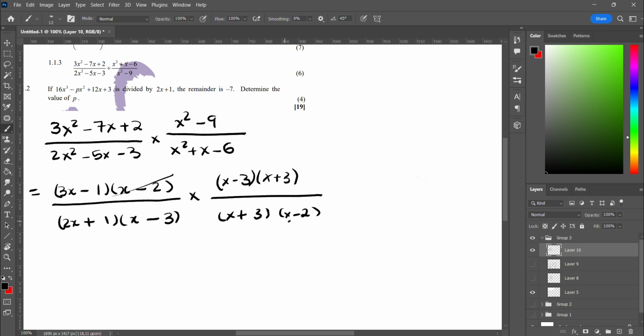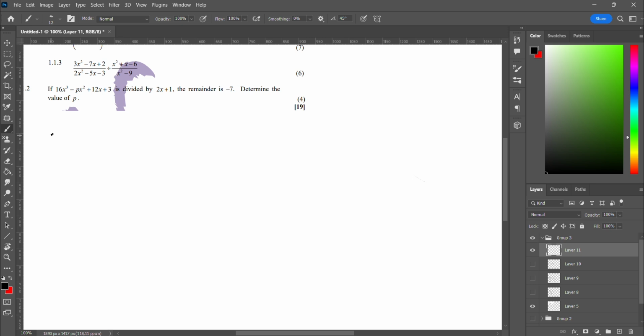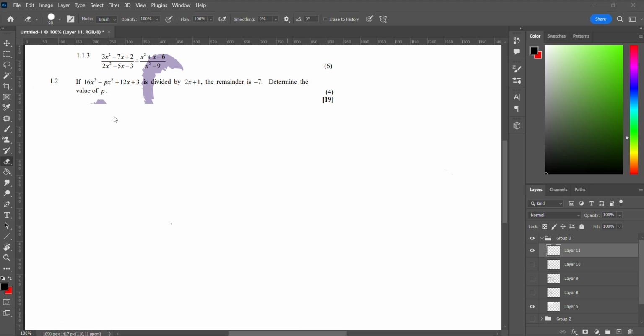Great, we're left with just 3x minus 1 over 2x plus 1. So kind of confusing because this is 6 marks and that took 3 steps. I don't understand the marking system, I'm not going to lie.